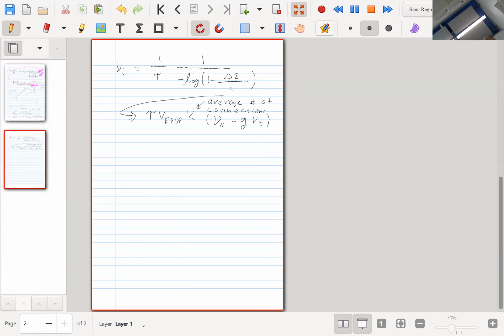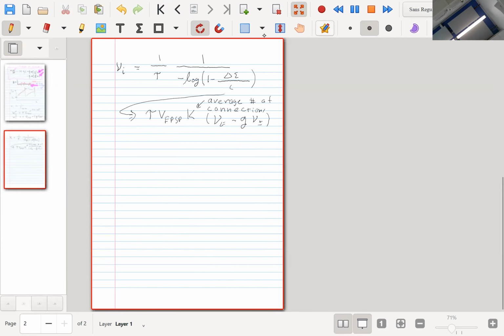Okay. So nu I, and 1 over tau is a big number, right? Tau is 10 milliseconds. So this is about 100 hertz. So we have nu I is kind of a big number. It's 100 hertz divided by minus log of 1 minus delta E.